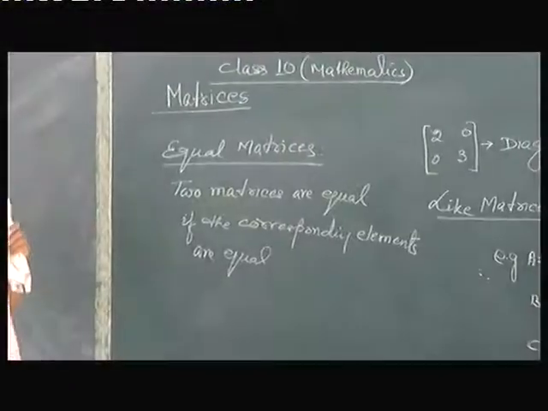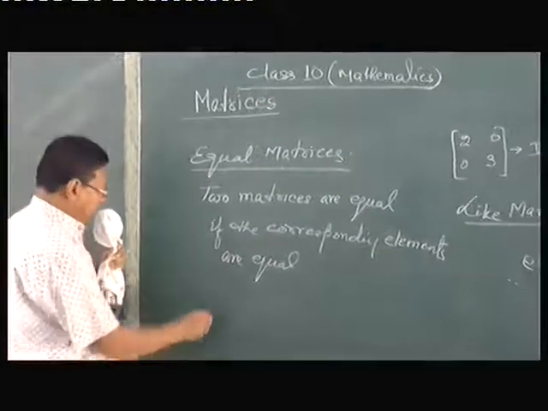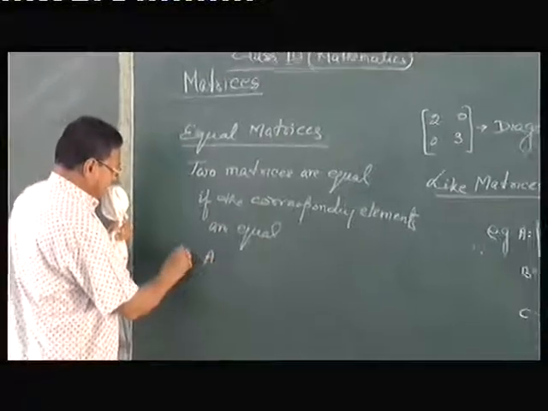Two matrices are equal if the corresponding elements are equal. Now, corresponding elements. Now, look at this matrix.